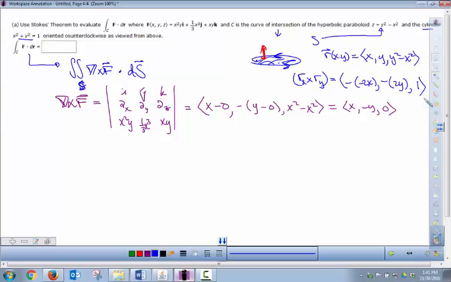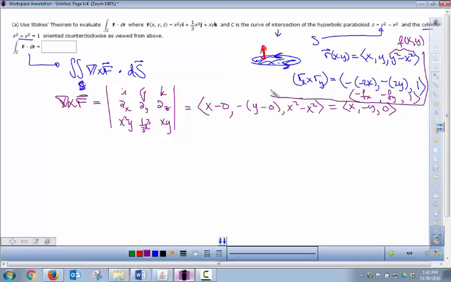Right? If we kind of view this as your f of xy, I have a negative fx, negative fy, positive 1. Remember we did that a long time ago? Define the normal vector.